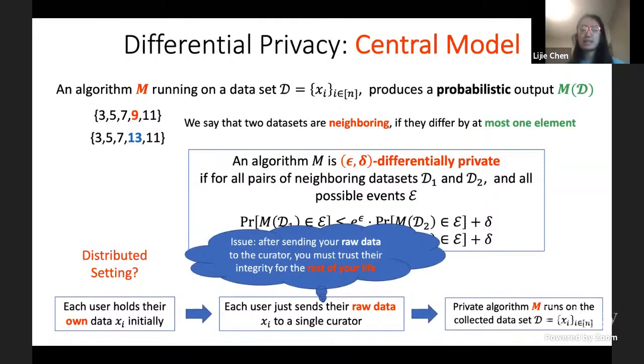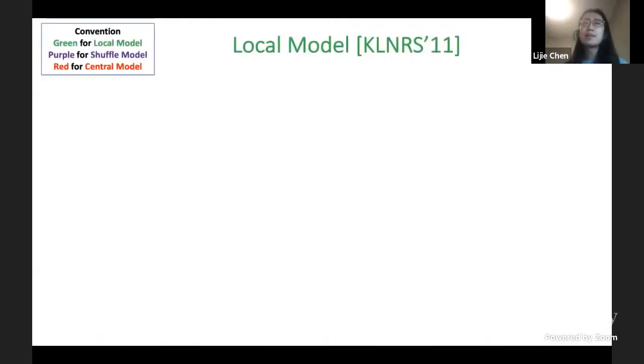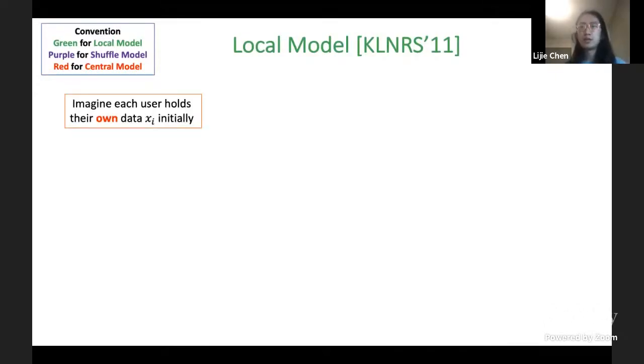And sometimes this may not be a good idea because the database could be hacked and your information could be lost. So the local model in differential privacy is proposed to address the concern that users may not want to trust the curator.